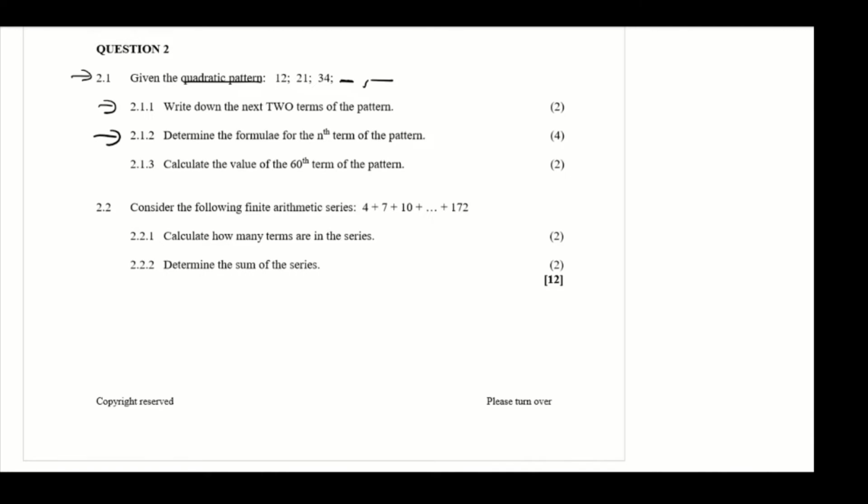2.1.2, we are asked to determine the formula of the nth term of the number pattern. Remember that we have our quadratic sequence written like this, and we found two terms, 51 and 72.